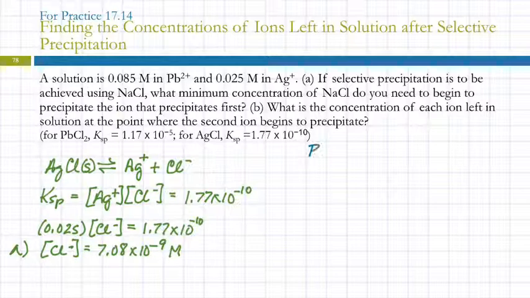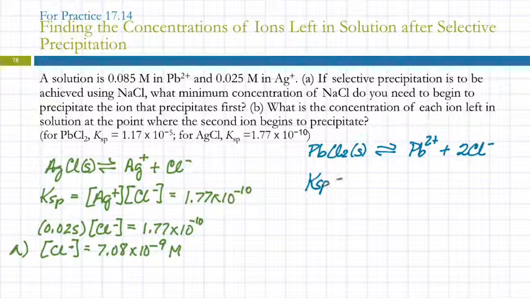The other thing we've got going on here is lead 2 chloride. So that's giving us lead 2 ions and 2 chloride ions. KSP for that is equal to the lead concentration times the chloride ion concentration squared.